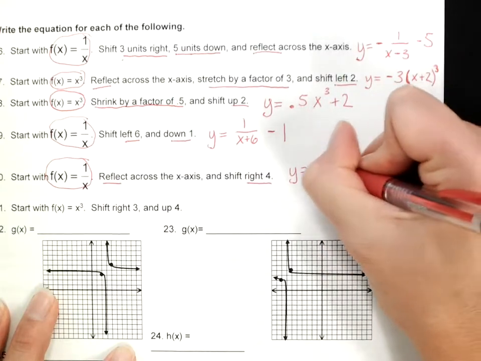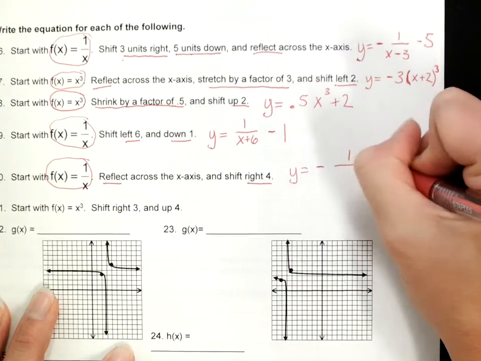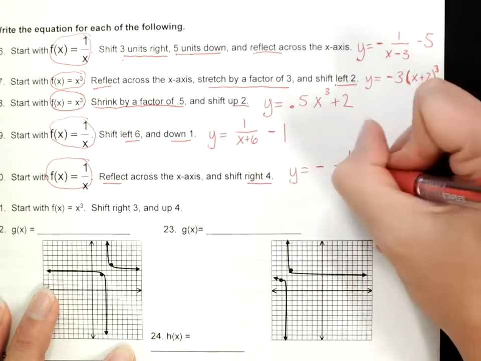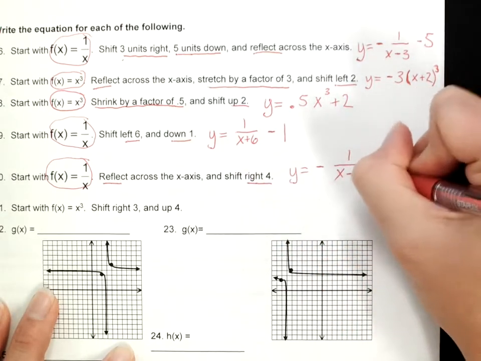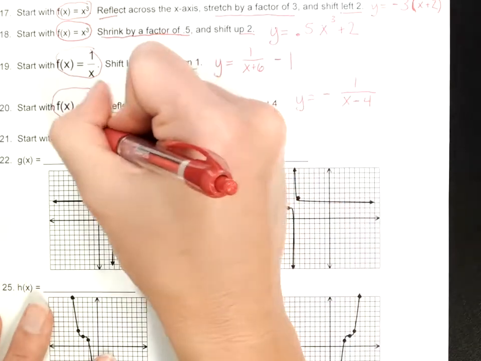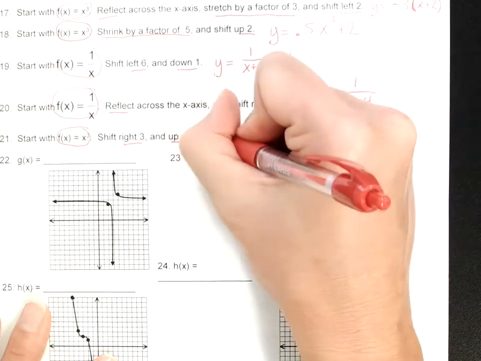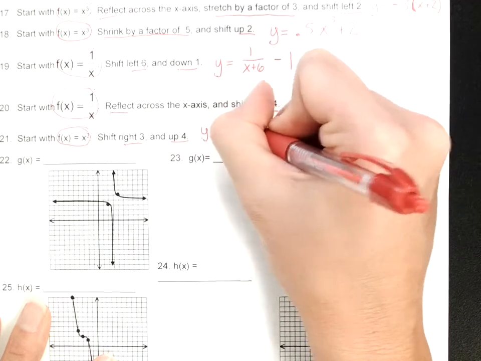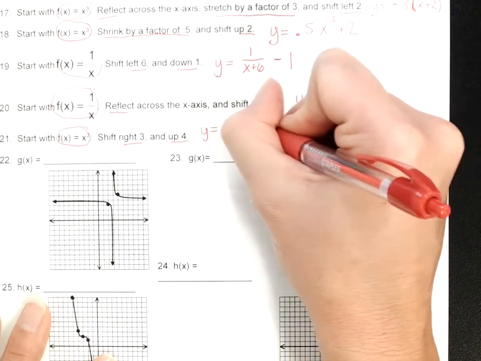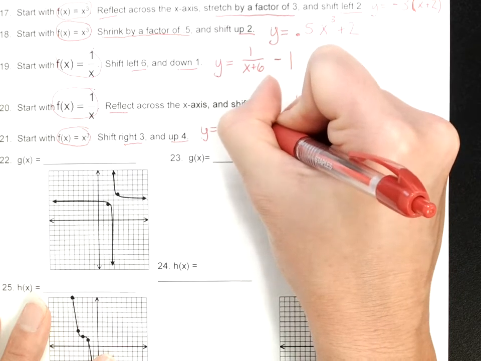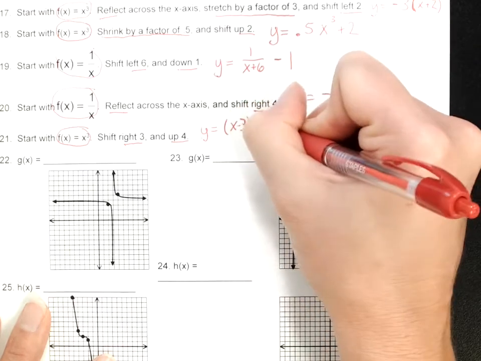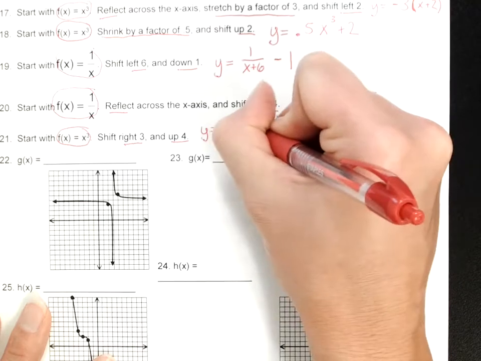Y equals negative for the reflection, 1 over for the rational. Right is going to be on the inside, minus 4. Last one here, taking our cubic graph, right 3 and up 4. Y equals, I need parentheses because it's going to the right, minus 3 cubed, up 4, plus 4.